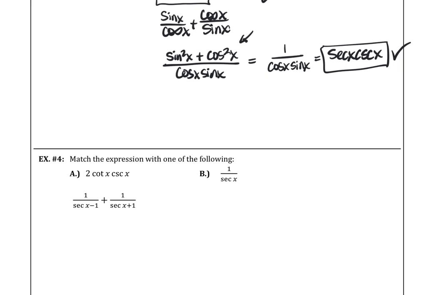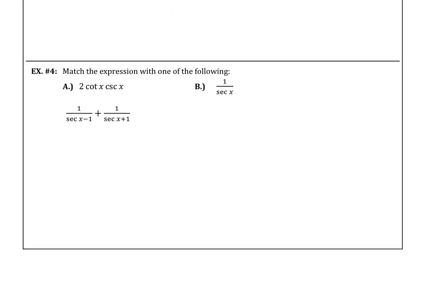All right, let's look at the next one. Example 4. This one says match it. So that means my answer is either going to be A or it's going to be B. I don't know, so I need to figure it out. Well, the only thing I know to do would be to add these together and get a common denominator.